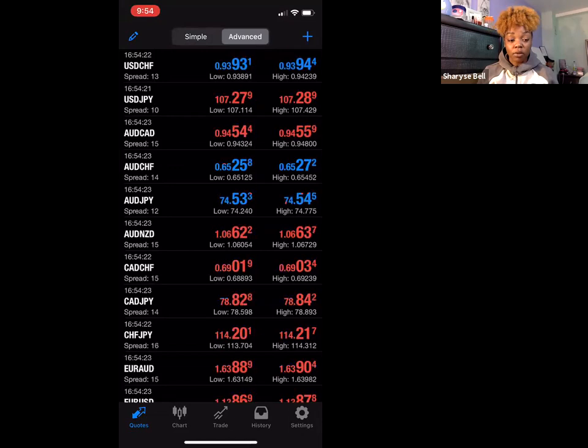So remember, your pip counts are enlarged, right? So your pip is the first number, sorry, your pip is the second number, and then your pip to the 10th point is the first number. So if we have, let's look at USD CHF, right? We got on the low in the middle column, the 2 enlarged numbers are 9.2 as it continues to fluctuate, right? Let's just say we wanted to move up 10 pips or move down 10 pips.